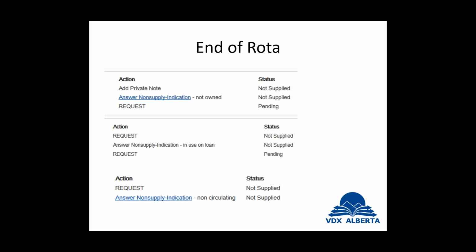So this is an example of some of the different responses that you could get for not supplied. The very, very first one there is that they say they don't own the item. And they might not own it exactly, especially academics. If you send a request and your request says 1999 edition, and they only have the 2001, they're probably going to turn that request down.